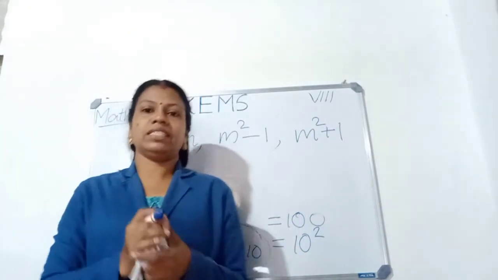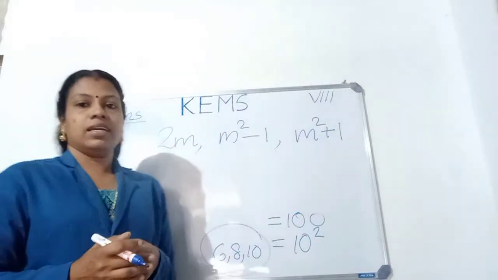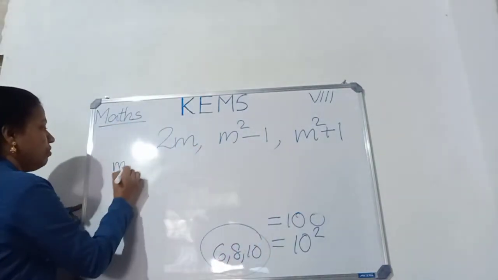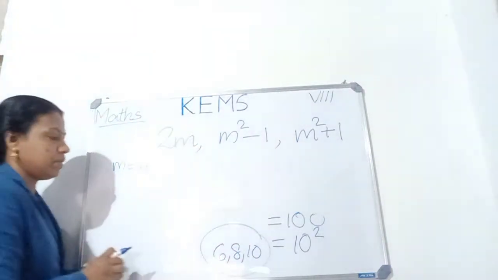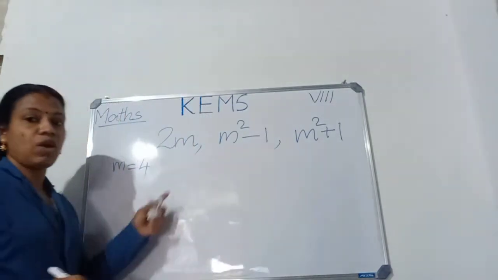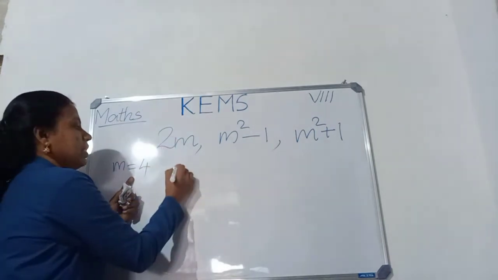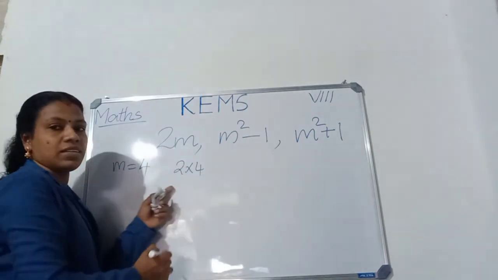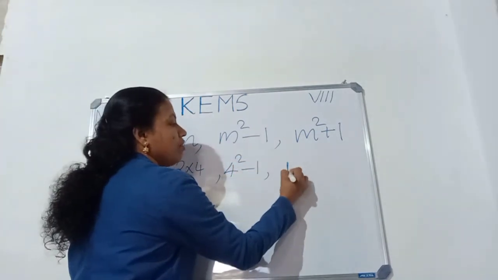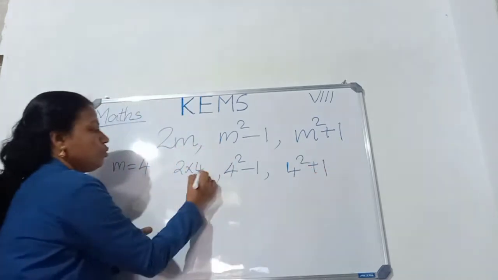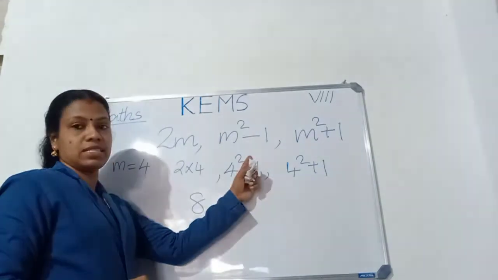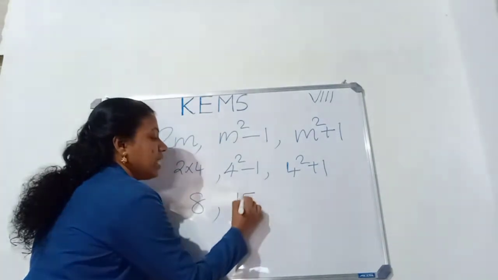Okay. Let's find a triplet using m equal to 4. What is the first number? The first number is 2m, that is 2 into 4, which is 8. Then the second number is 4 square minus 1. 4 square is 16, minus 1 is 15.